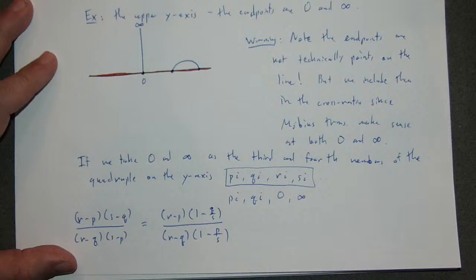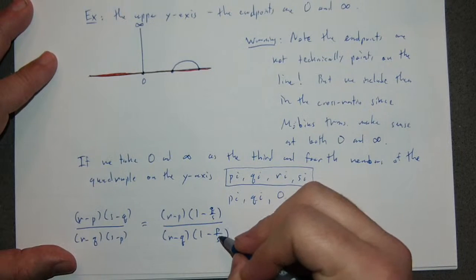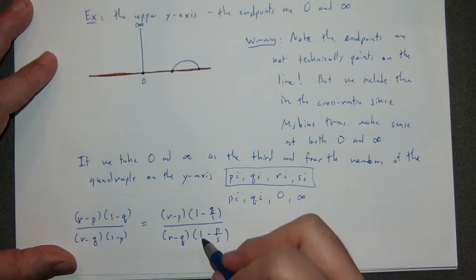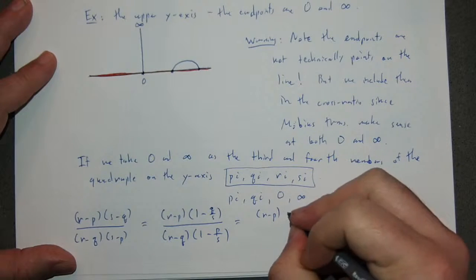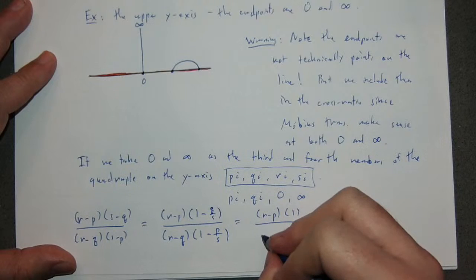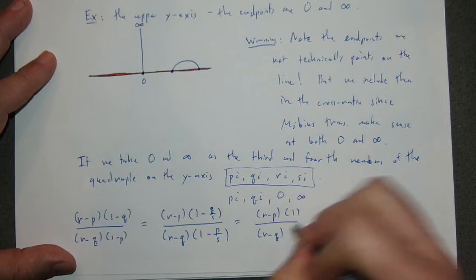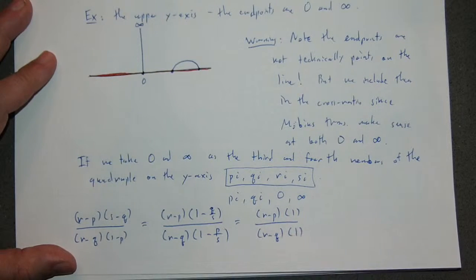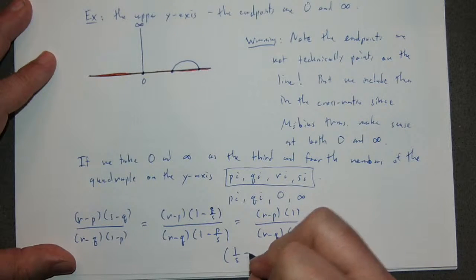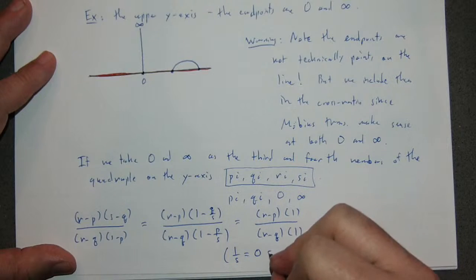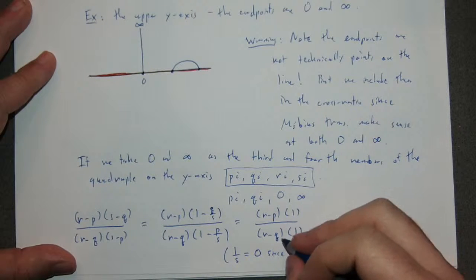But if S is infinity, this is 0. Dividing by infinity is 0 here. So this term is 0, this is 0, and then what I'm left with is 1. So this is R minus P times 1 over R minus Q times 1, and that's because 1 over S is 0, since S is infinity.